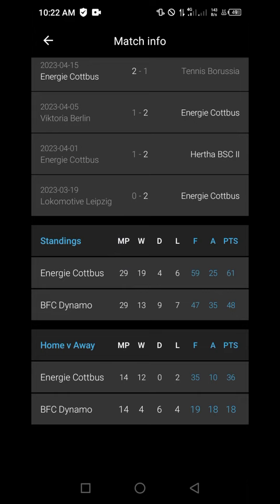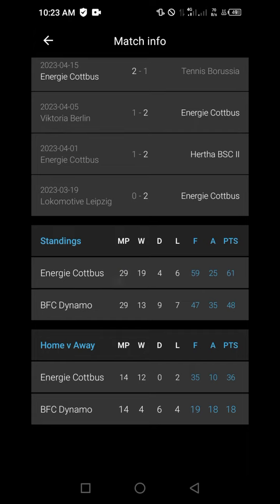For Energie Cottbus, they have played 29 games, scored 59 goals and conceded 25. This is the area where we are going to use the calculator. We are going to use the number of goals for and divide by the number of matches played in order to have a number in decimal.